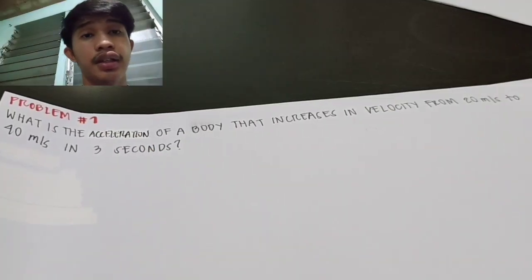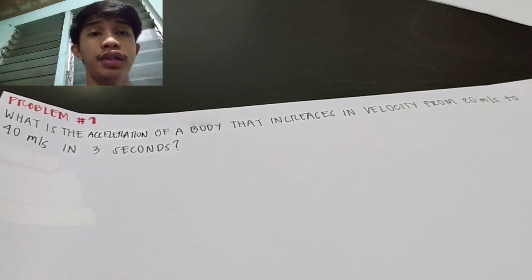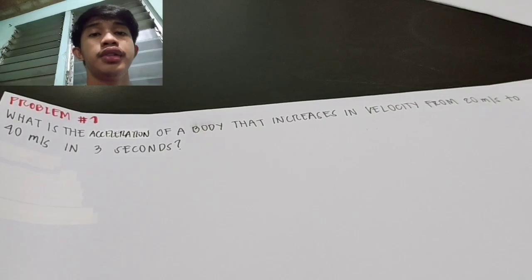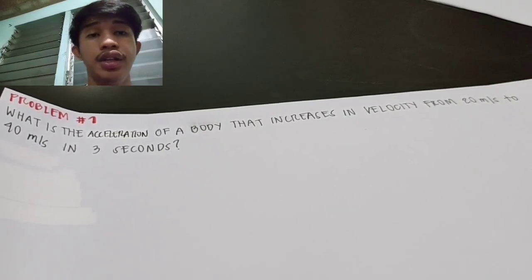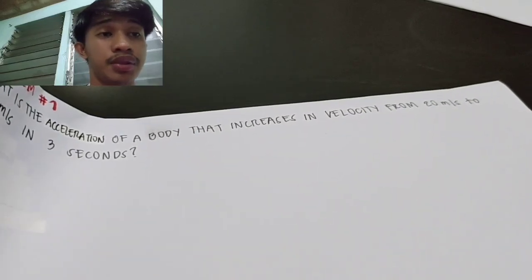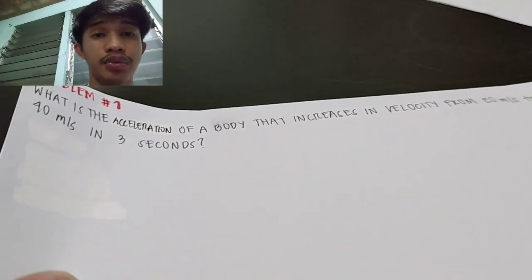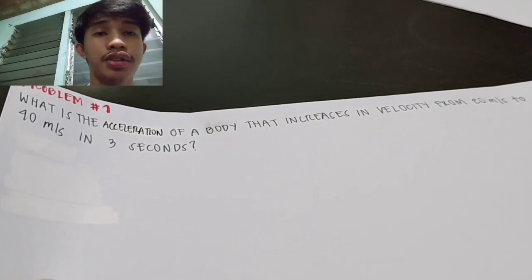Let's apply the concepts and formulas we have learned earlier. Let's solve some practice problems. Problem number 1: What is the acceleration of the body that increases in velocity from 20 meters per second to 40 meters per second in 3 seconds? First, let us write the given.